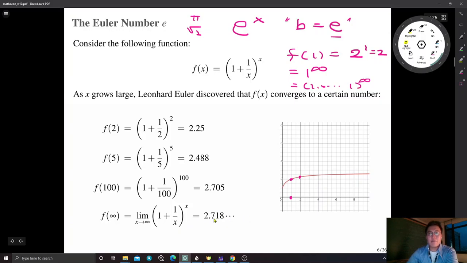So this is an irrational number. There are no repeating decimals, and it goes on forever, just like the number pi and the square root of 2. So this function, f of x, grows to this specific number as x grows large.